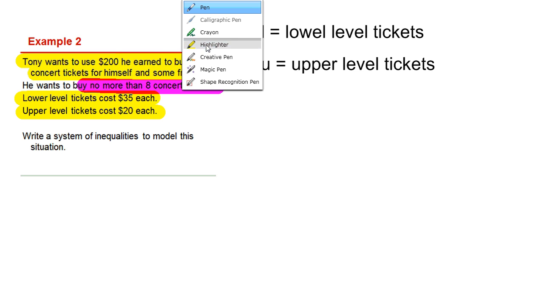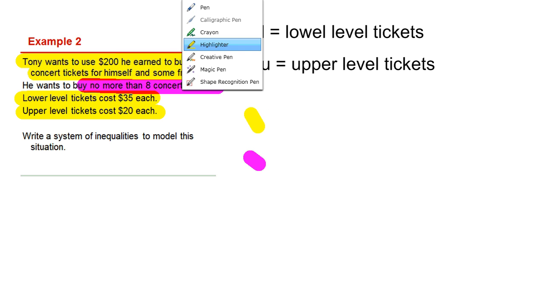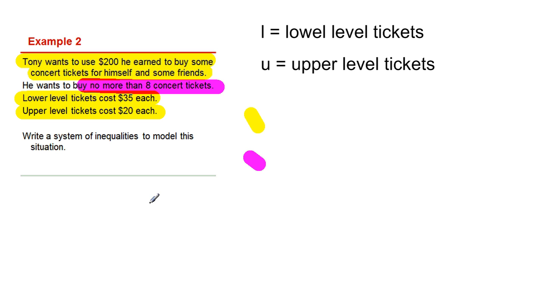So what I'm going to do, we're going to get both equations at the same time here. We know that lower levels cost $35, so let's attach that: 35L, $35 per lower level ticket, plus the $20 per upper level ticket, plus 20U.